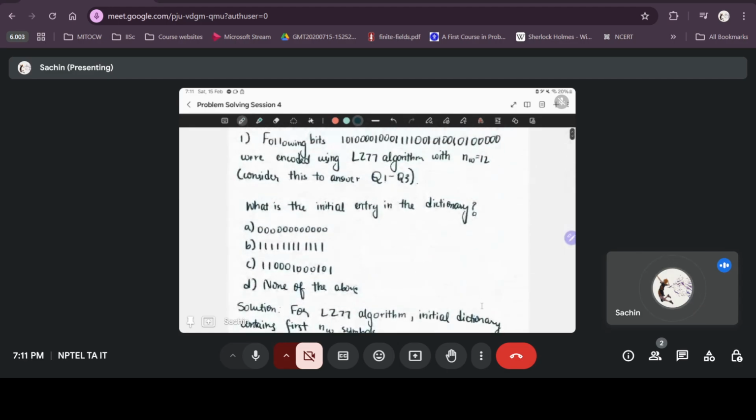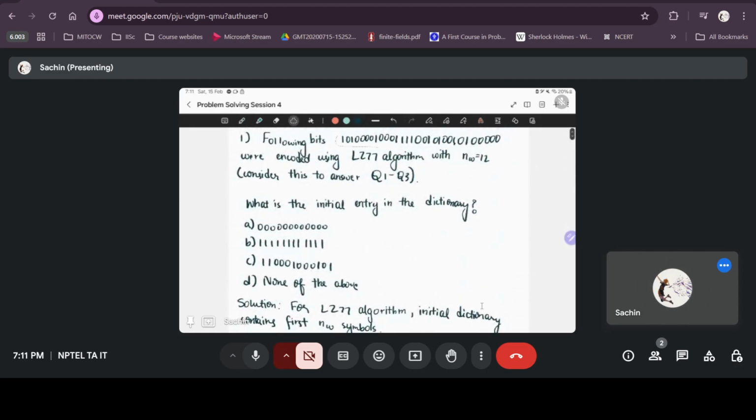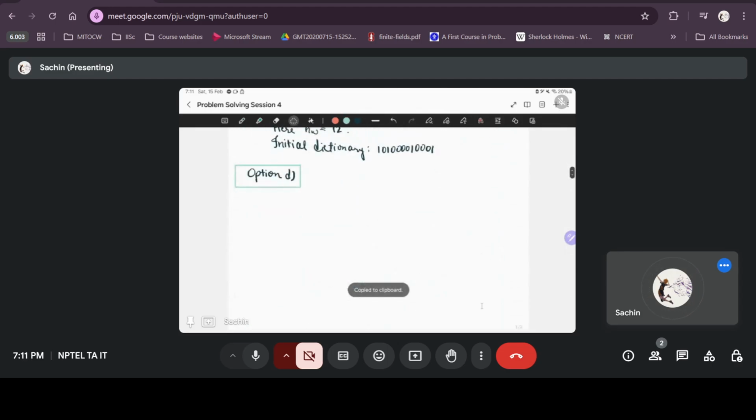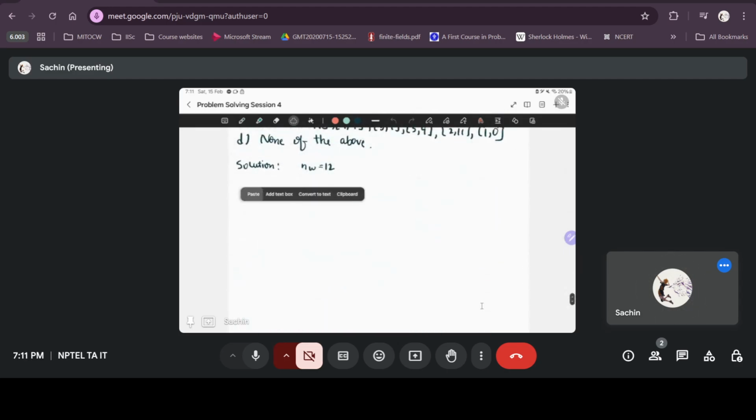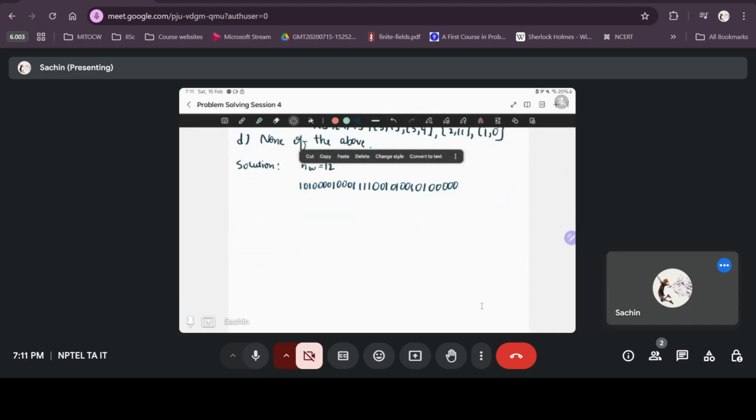Let me also copy down the sequence. This is the source sequence that you need to encode.